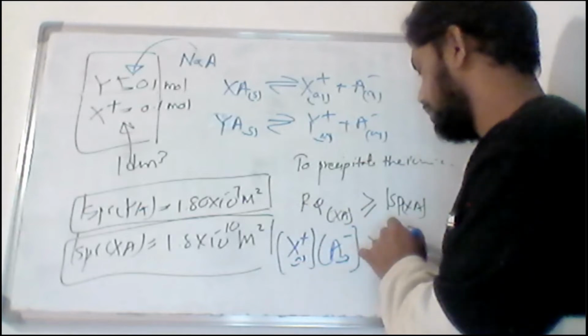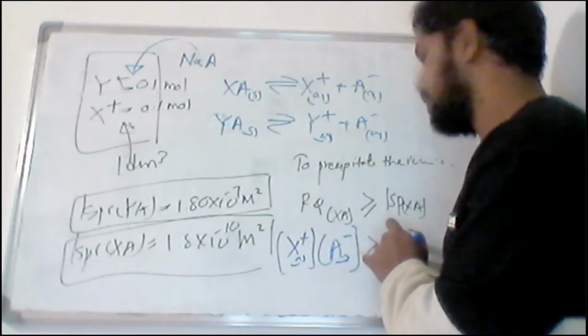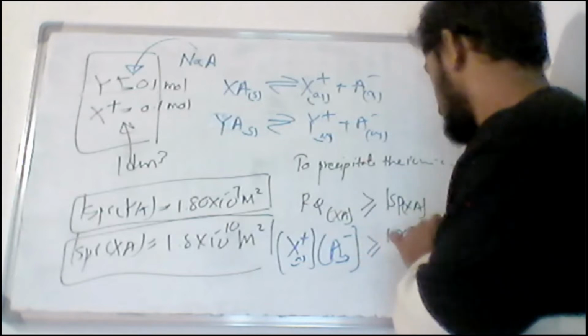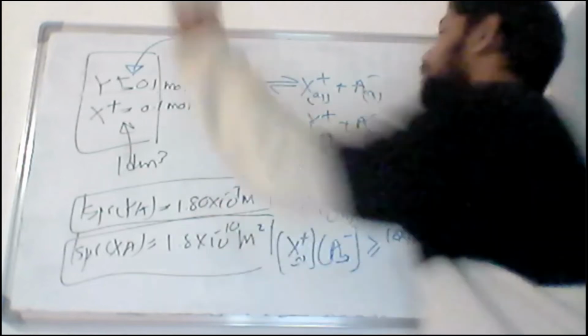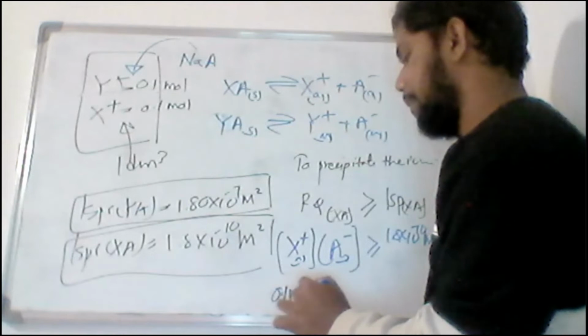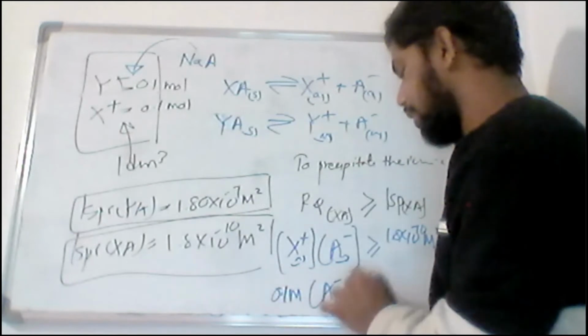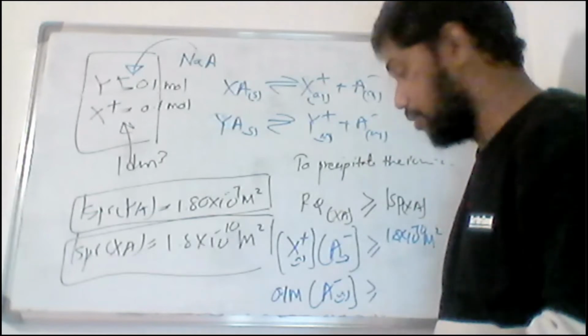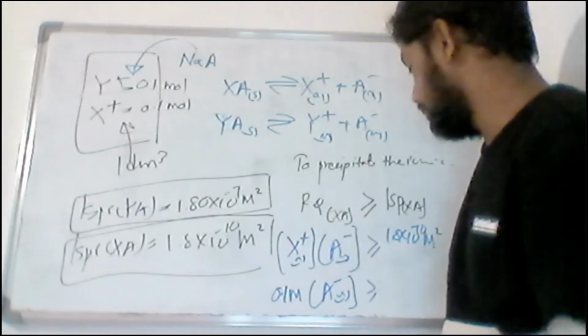greater than or equal to KSP of XA, which is 1.8 into 10 to the power minus 8 M squared. But in the solution, you know the concentration of X plus, which is 0.1 M. And you can calculate the minimum concentration of A minus that you need.